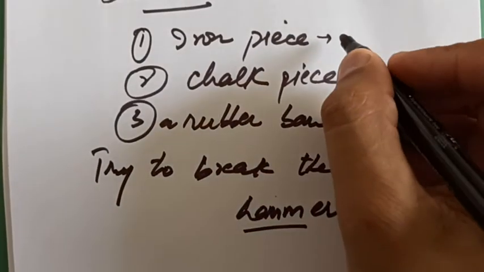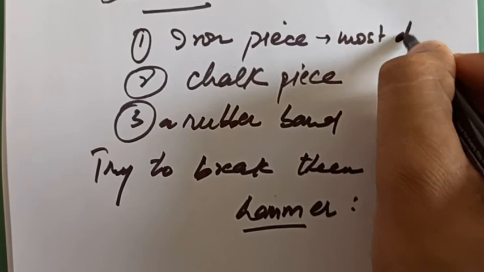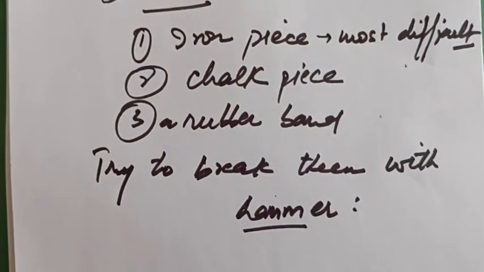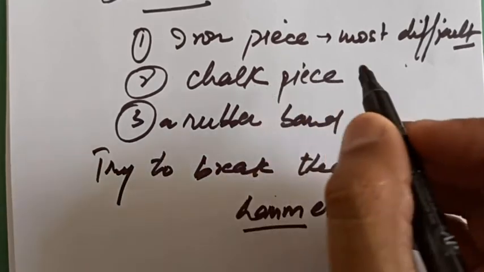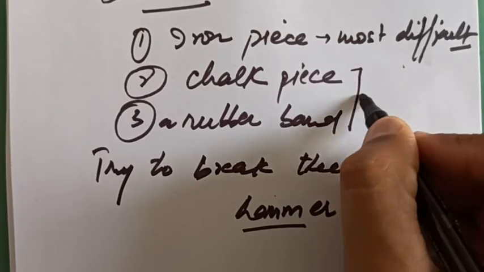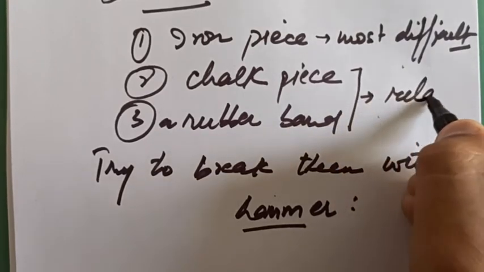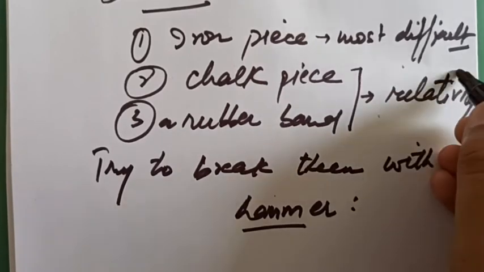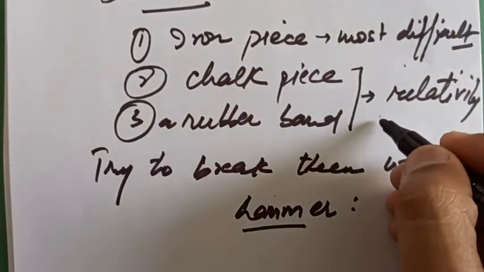But breaking of chalk and rubber band is relatively easier. As compared to the iron piece, breaking these two is very much easier.